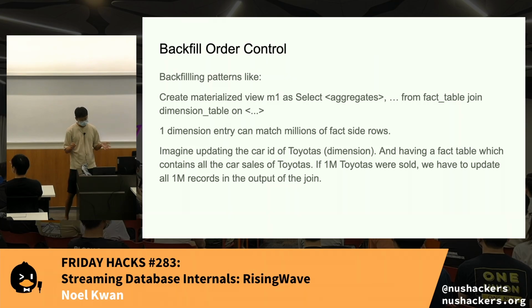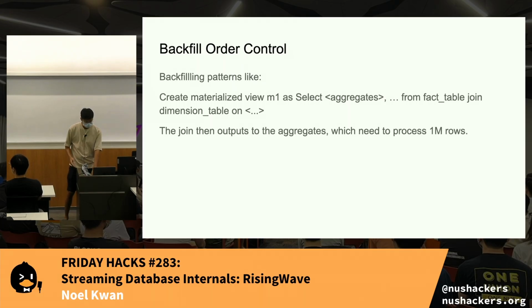If 1 million Toyotas were sold, then we have to update all the 1 million records in the output of the join. So this can be really expensive, right? And then let's say you have something downstream of the join. All of those things downstream need to process that 1 million rows. This is going to take a long time.